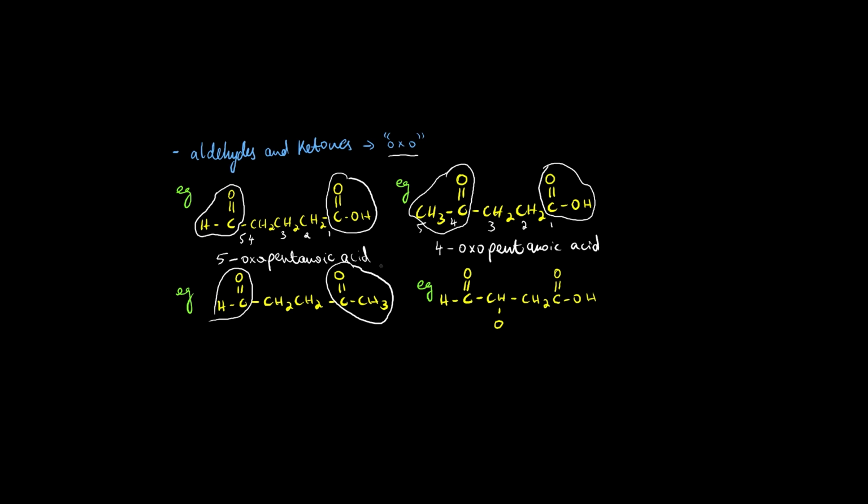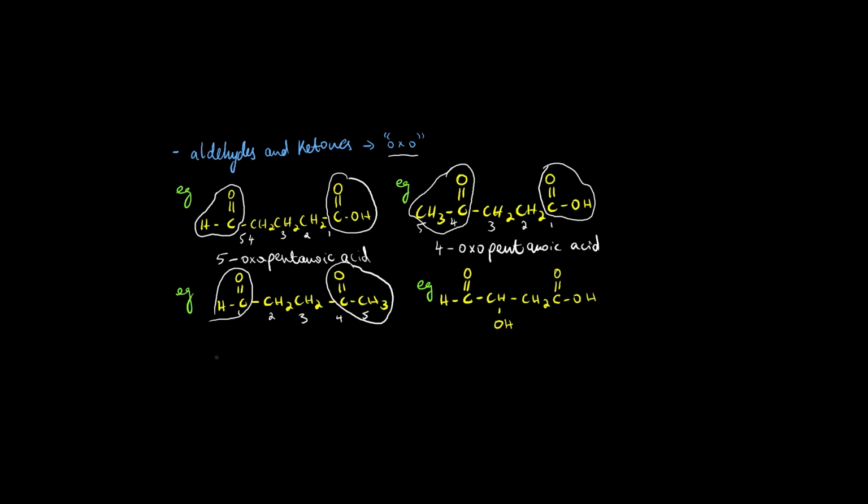So keep in mind that we will be starting from the left hand side. 1, 2, 3, 4 and 5, right? Now keeping this in mind, let us look at it. Okay, so aldehydes hold precedence over ketones. So we will start from the left hand side, and this is what we get.